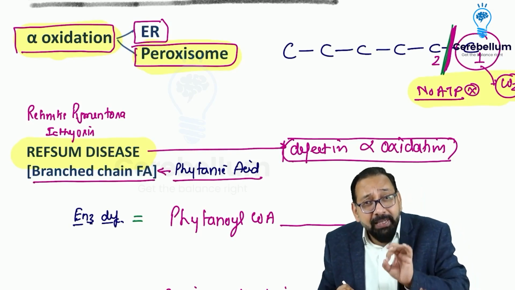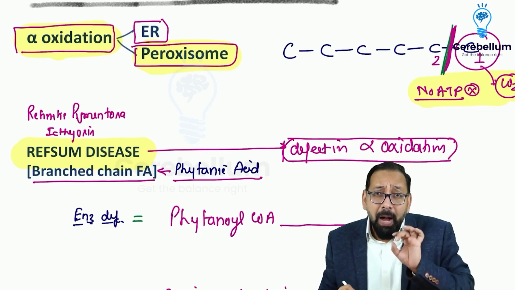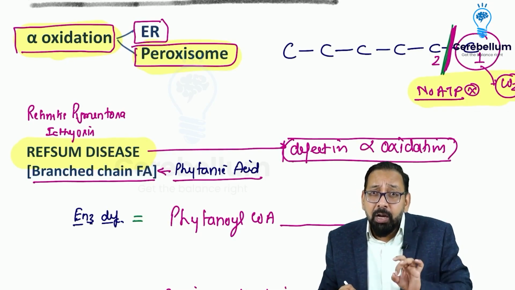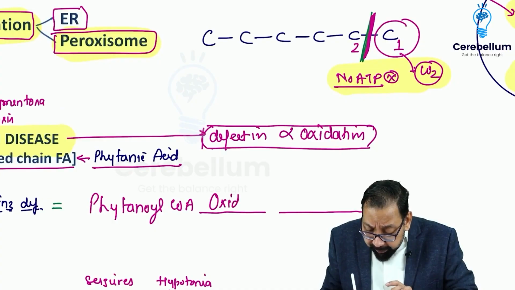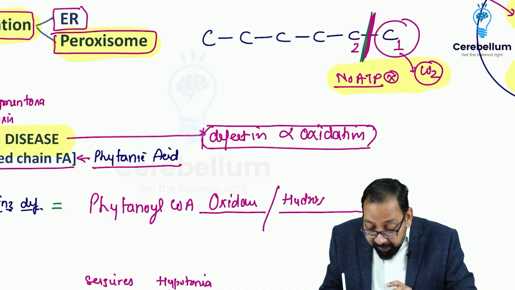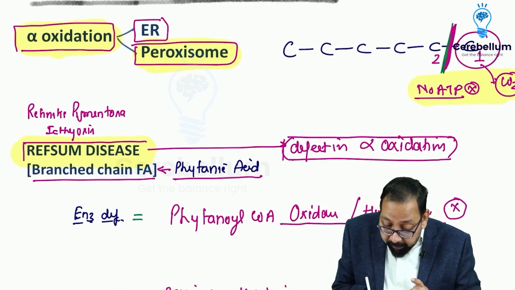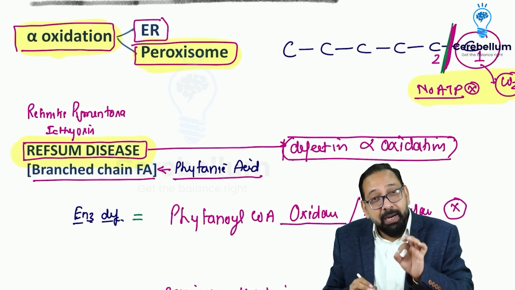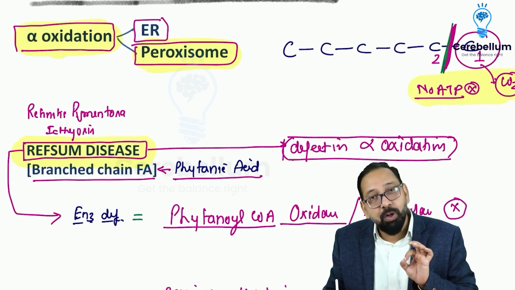This phytanic acid is oxidized by alpha oxidation, and this occurs by the enzyme phytanoyl coenzyme A oxidase or phytanoyl coenzyme A hydroxylase. If this enzyme is deficient, it leads to Refsum disease. Questions are asked directly that the enzyme deficiency is phytanoyl coenzyme A oxidase or hydroxylase.